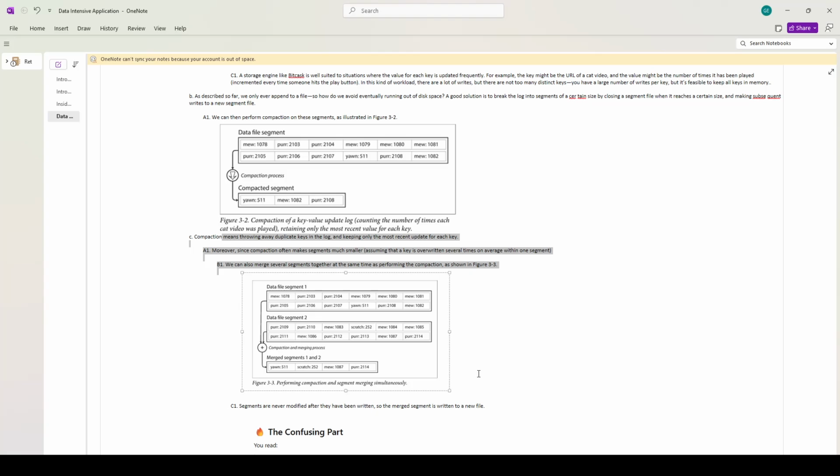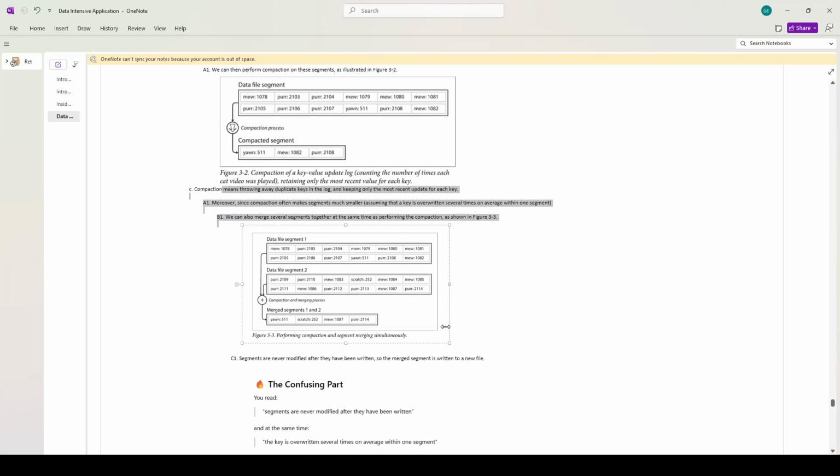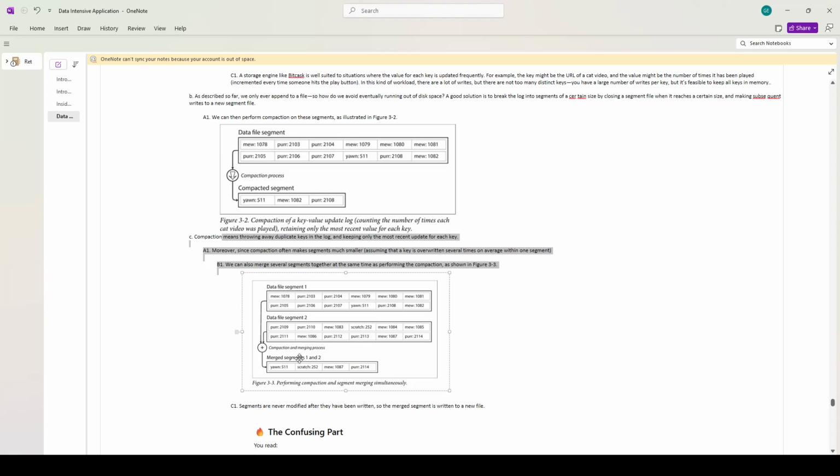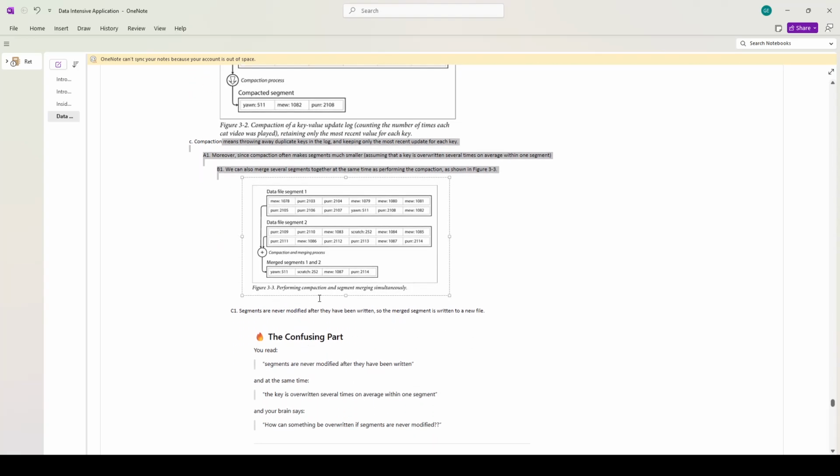Now those will be removed, and we can also merge several segments together at the same time as performing the compaction. So as you can see, we have compaction and merging, performing compaction and segment merging simultaneously.